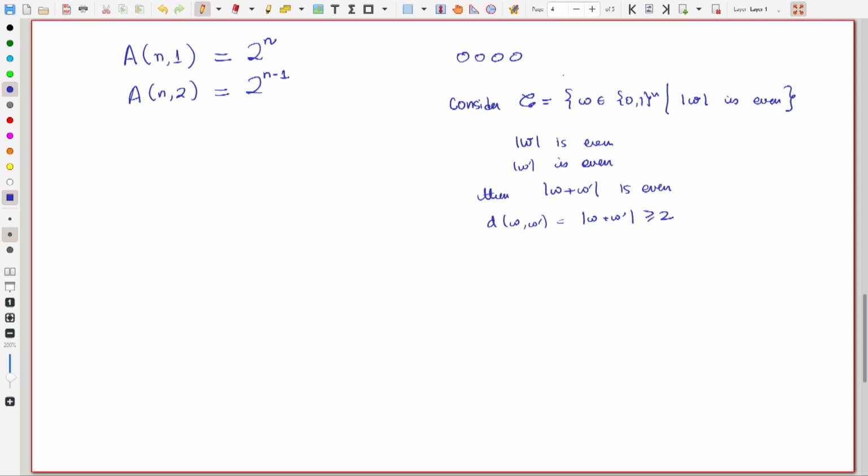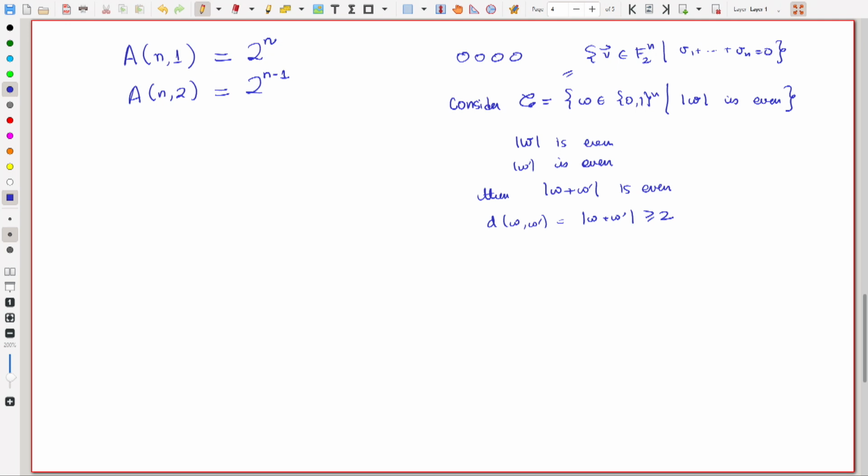So, this is equal to V in F2 to the power n such that V1 plus ... plus Vn is equal to 0. So, that is a subspace of codimension 1. So, its dimension is n minus 1, and it has 2 to the power n minus 1 elements.